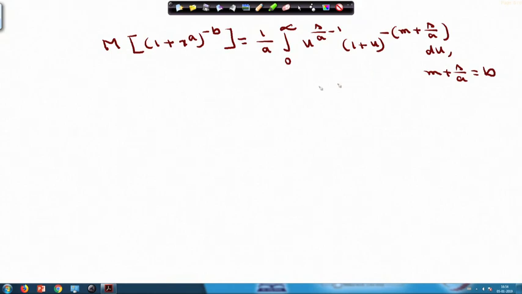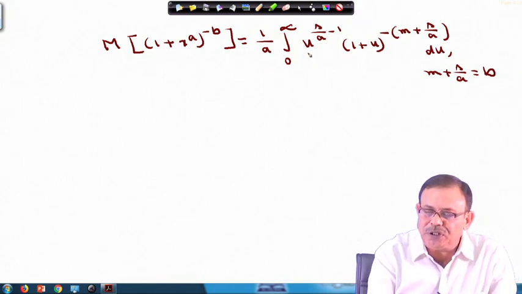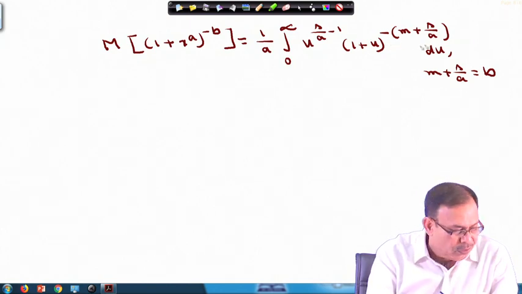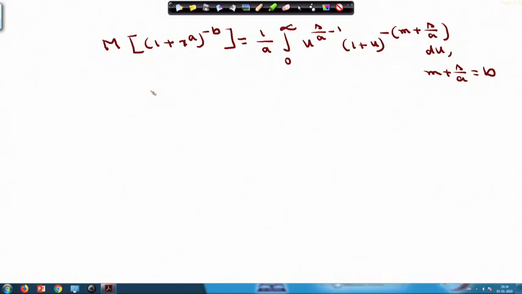And if you see this function, integral 0 to infinity of x to the power m minus 1 into 1 plus x to the power minus m plus n format, this is nothing but I can simply represent it in terms of the beta function, that is, the beta function of s by a comma m. This s by a is coming here and this is m. So, I can write this as beta s by a comma m.